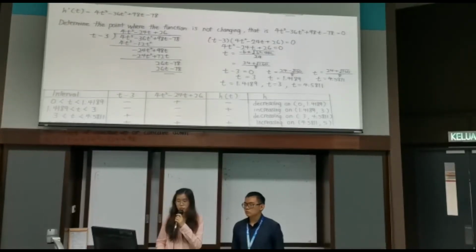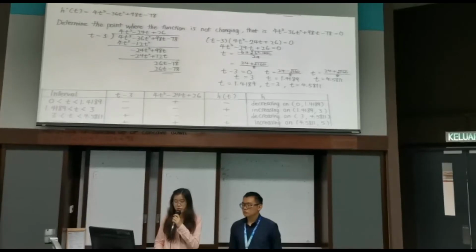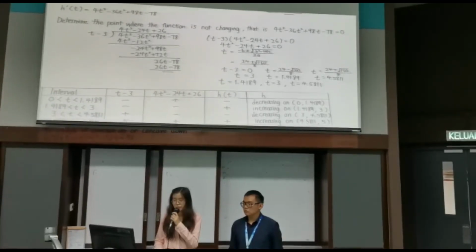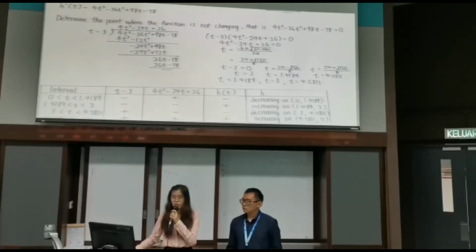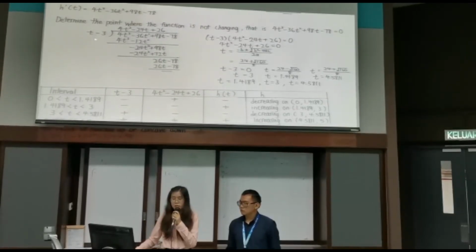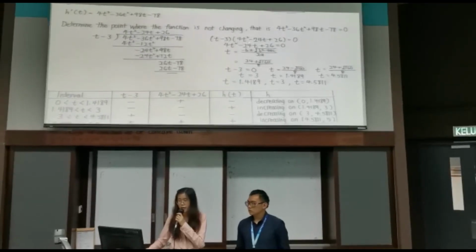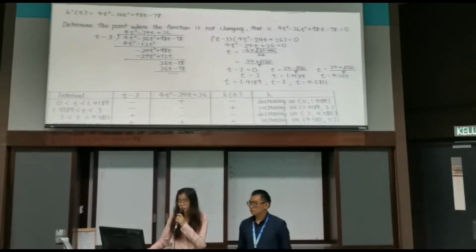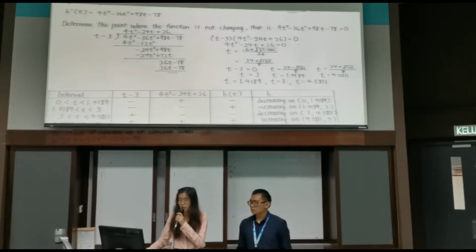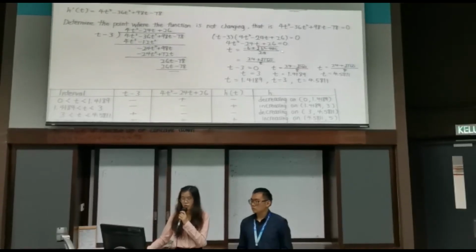Next, we are going to perform long division again with the factor t minus 3. That means the whole equation is divided by t minus 3, and we get (t minus 3)(4t squared minus 24t plus 26) equals 0.